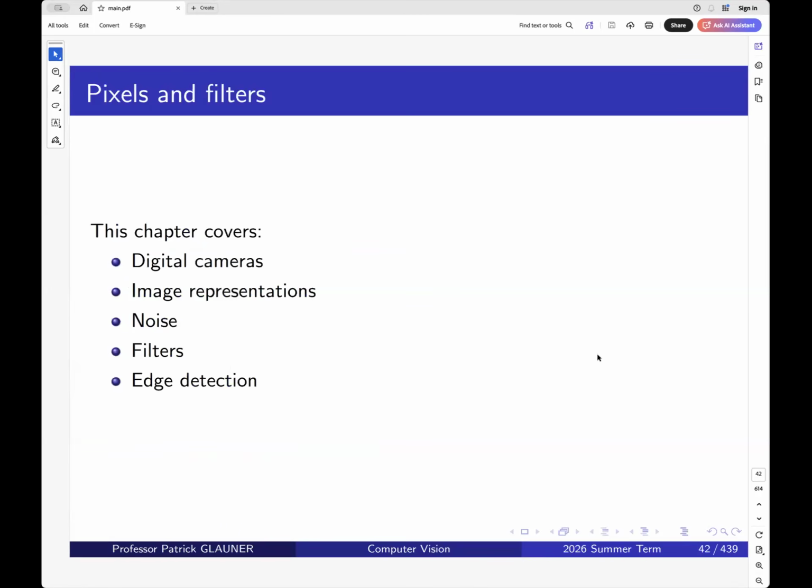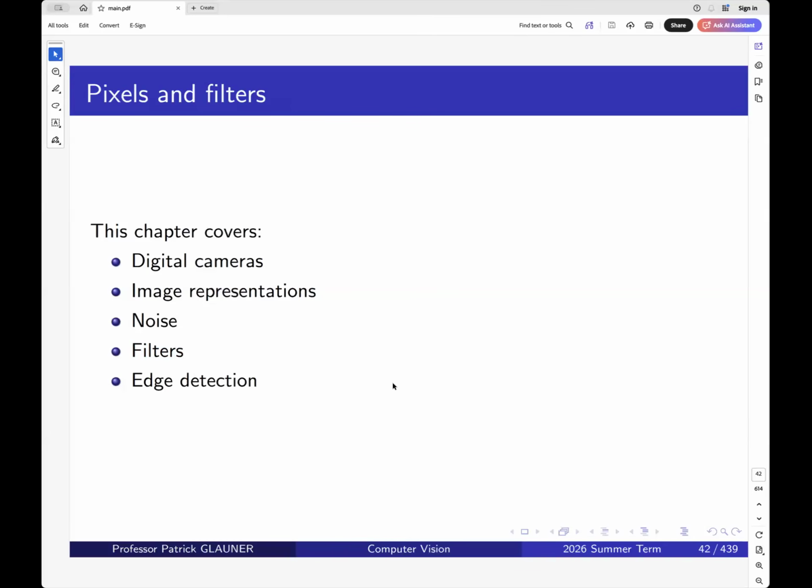Now, in the pixels and filters chapter, we will first look at digital cameras and how we can represent images in a digital version. We will see how noise can affect digital images. We will see how we can process digital images with so-called filters.